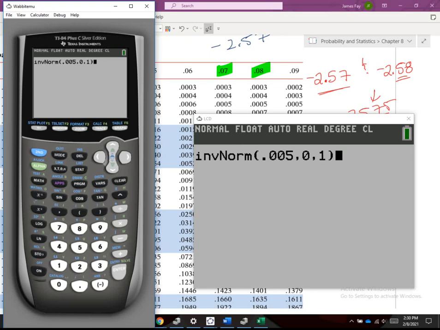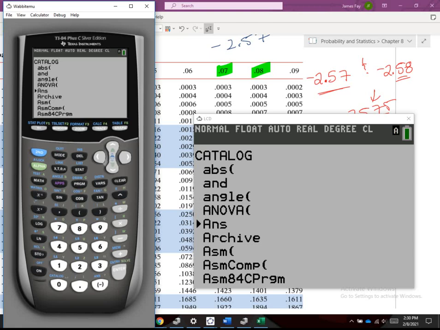And if I hit paste, we're good to go. Now, if you don't have that structure where it takes you to that page and asks you to fill things in, that's fine. Or if you forget where that's at, the pathways to get to a lot of your functions on your calculator can be confusing. Does anybody know how to find all of them at once? If you hit second and then your 0, see how it takes you to the catalog?